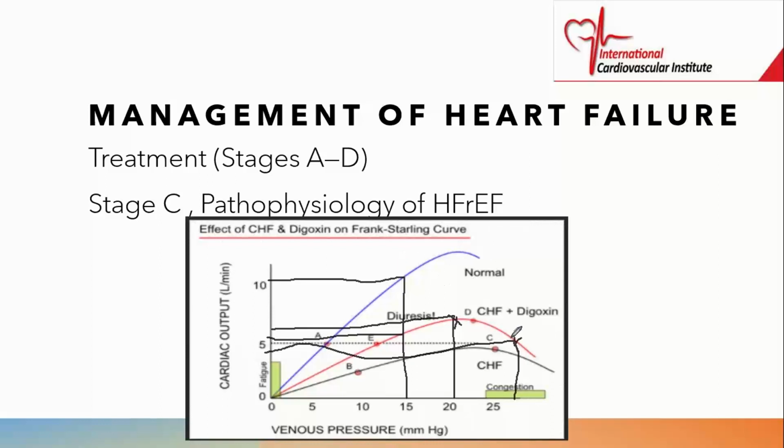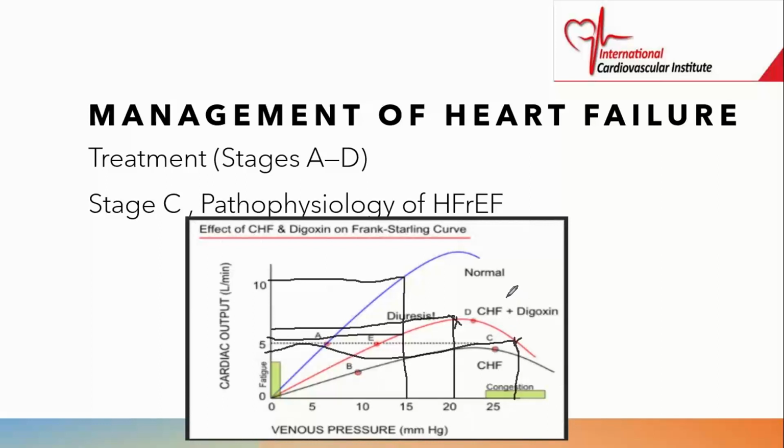So one of the things that you can do to move your curve to the left is to give them something that can increase contractility. They have digoxin here, and digoxin increases contractility modestly. So if you give them a medicine to improve contractility, you will trace a new curve.